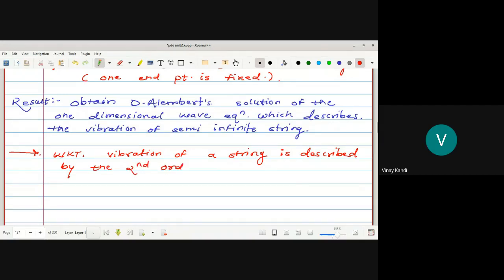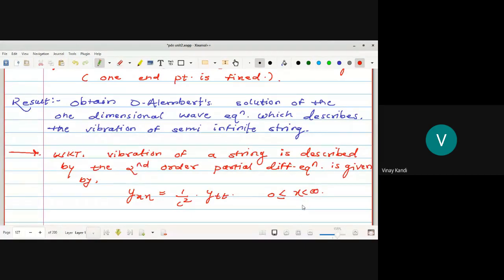The one-dimensional wave equation is given by y double x is equal to 1 upon c square into y double t. Here x runs from 0 to infinity. In the previous case, x ran from minus infinity to infinity because both ends were not fixed. But here one point is fixed, that's why x runs from 0 to infinity.